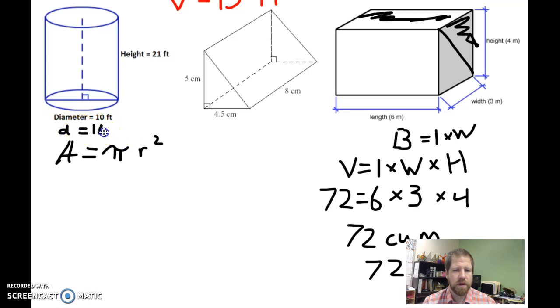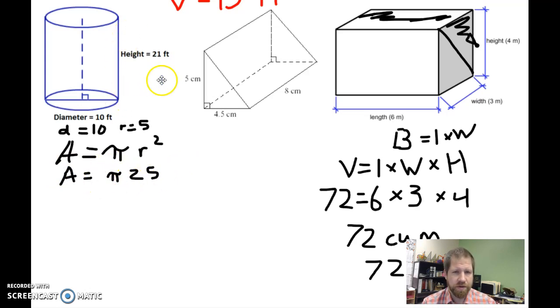So if our diameter equals 10, our radius is going to equal 5. I can plug that in. Area is equal to 5 squared. I don't need my calculator for that. 5 squared would be 25 times pi. I'm going to leave that as 25 pi for right now.